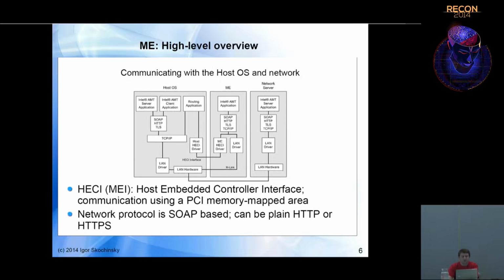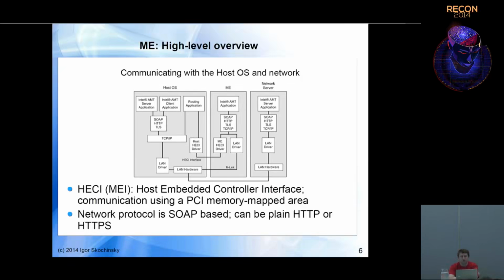So how does ME communicate with the outer world? It can communicate with the host OS, so with the software running on your main CPU. For this, it uses a special PCI-based interface called Host Embedded Control Interface, which later got renamed into Management Engine Interface. This allows drivers on your main CPU to talk to the management engine and to send it some commands.